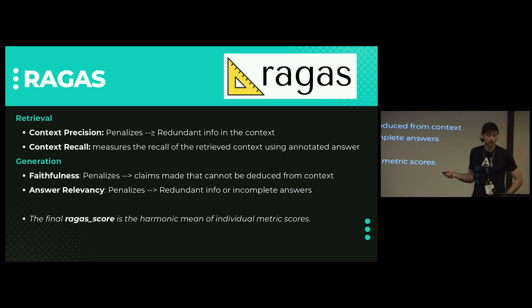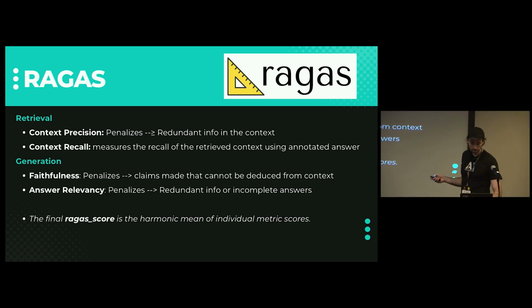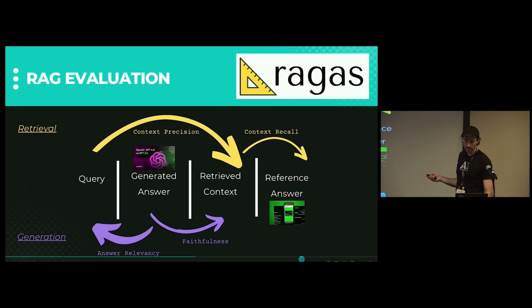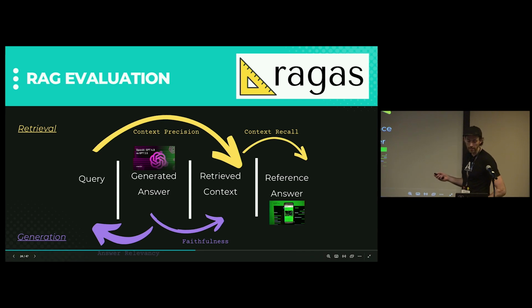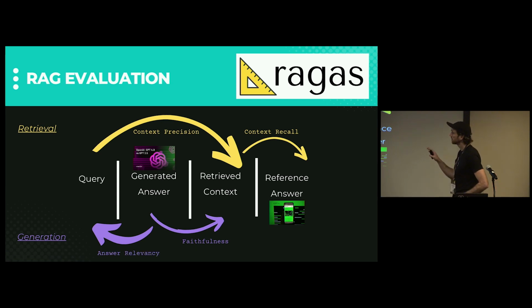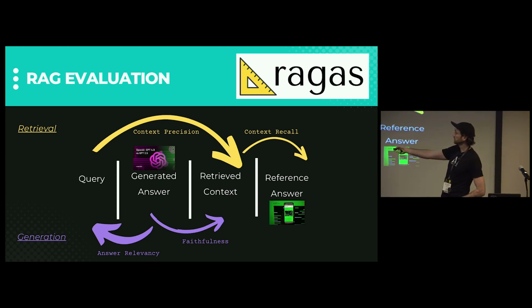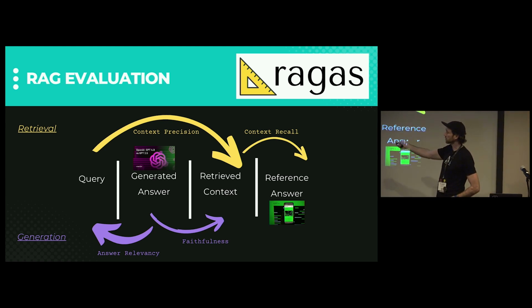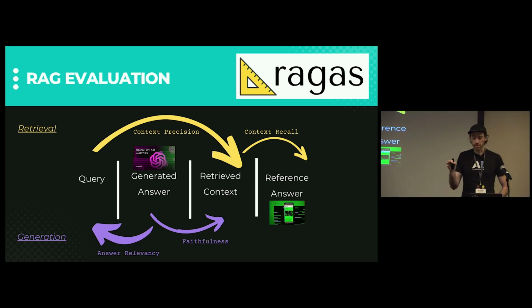But I want to clearly state, as best I can here, what the latest and greatest, simplest possible explanations are. Precision is measuring the relevancy, used to be called context relevancy.